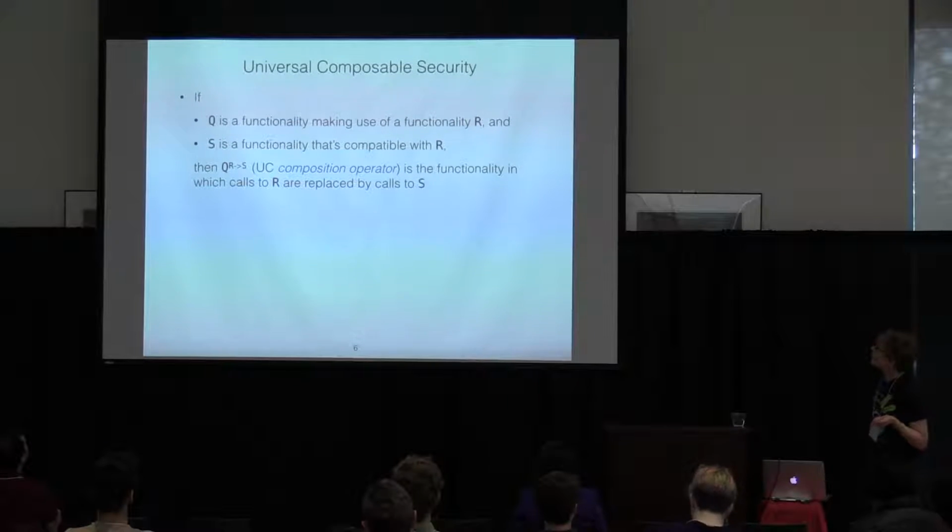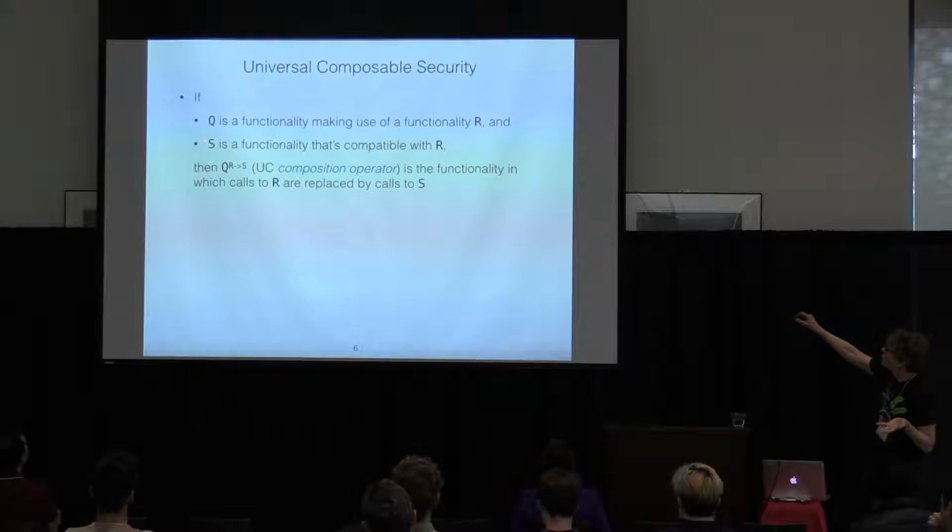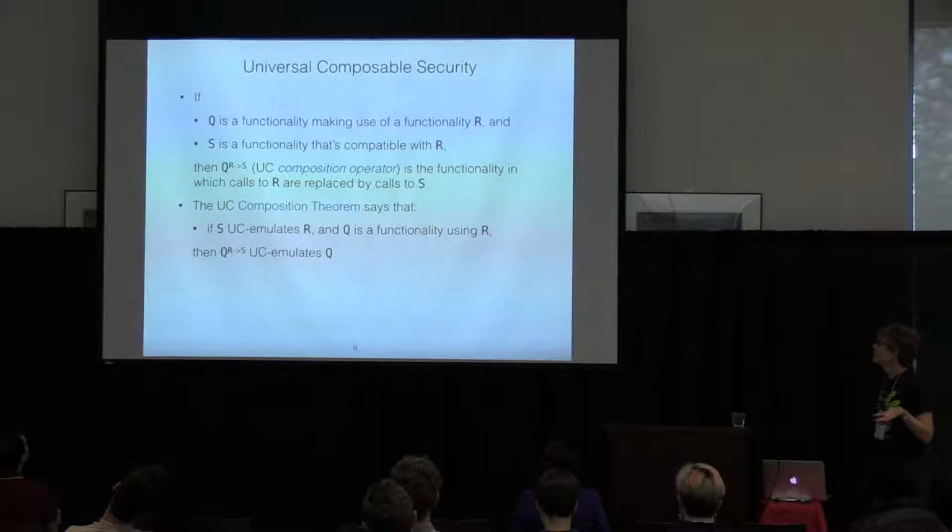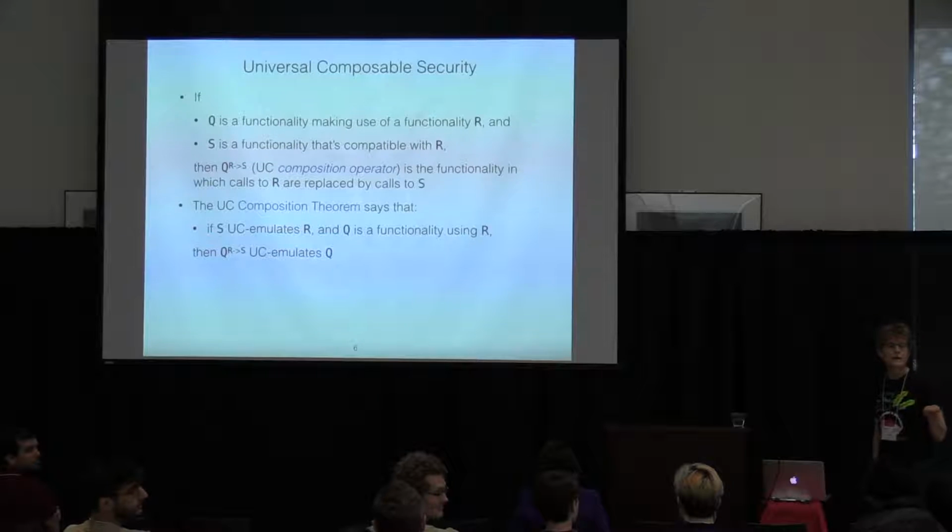So then if Q is a functionality making use of a functionality R, and S is compatible with R, then Q with R changed to S, that's the UC composition operator, is the functionality in which calls to R are replaced by ones to S. And then we get the UC composition theorem, which is what supports modular proof, which says that if S UC emulates R and Q uses R, well, if we change Q to use S instead, that will UC emulate Q. So that's a quick background on UC.